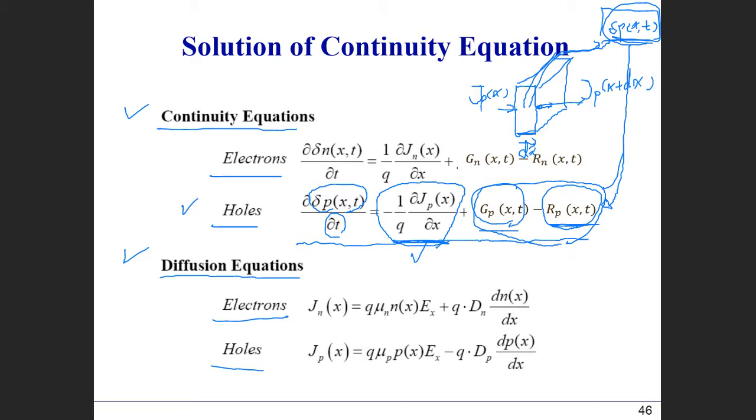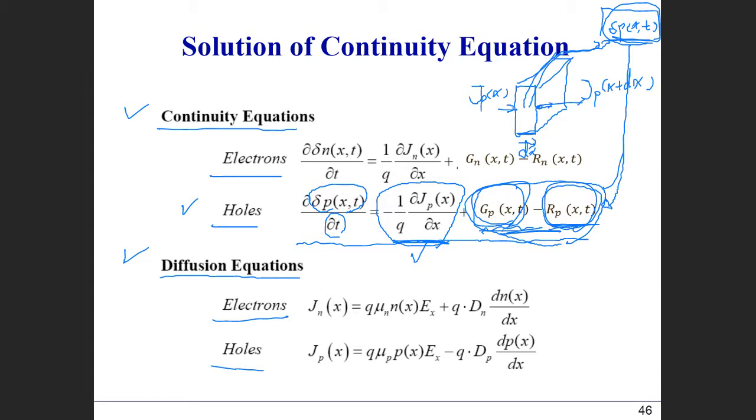The negative term represents the recombination. So generation and recombination will also change the concentration of holes. Generally, at thermal equilibrium, generation and recombination are balanced, so we do not see any change of carrier concentration from generation and recombination.